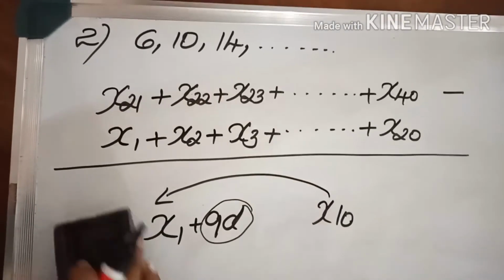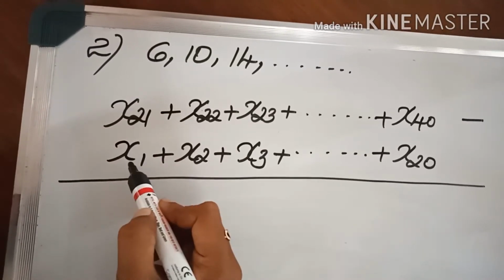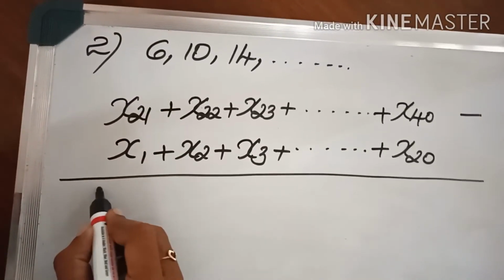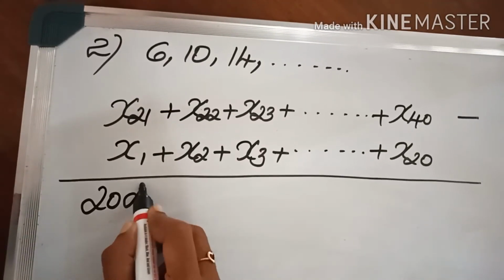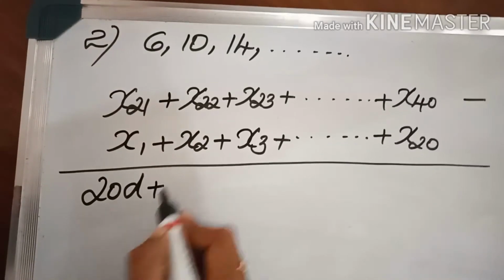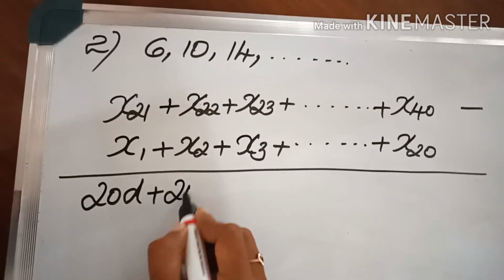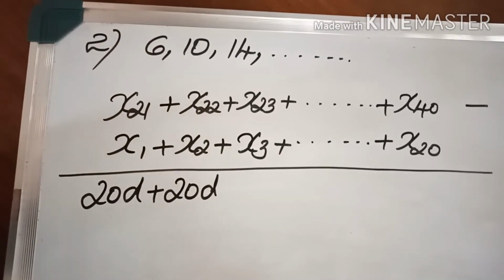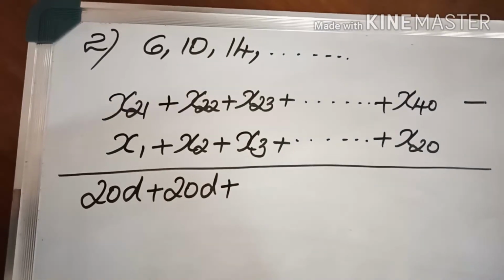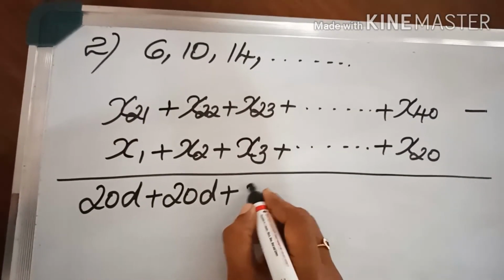Similarly, if we subtract the first term from the 21st term, 21 minus 1, 20 times common difference will remain. Similarly 22nd term minus second term, here also 20 times common difference will remain. 23rd term minus third term, 23 minus 3, again 20.